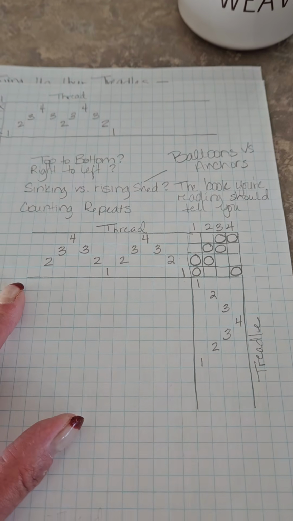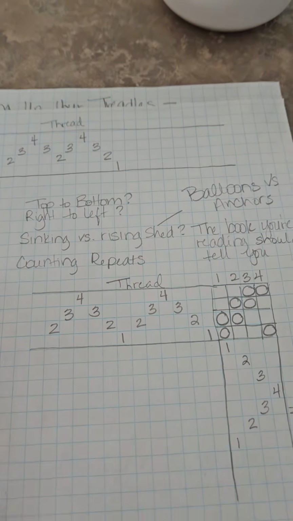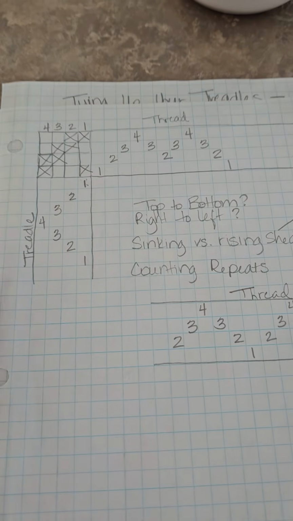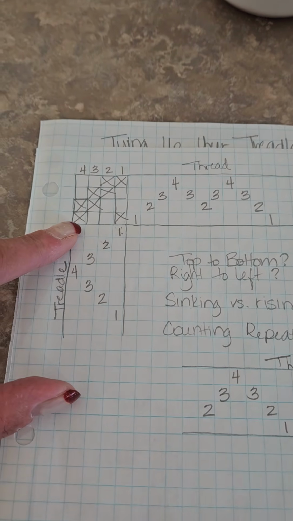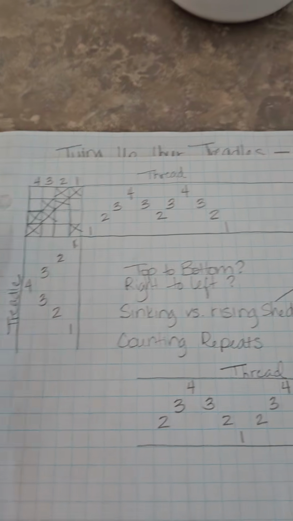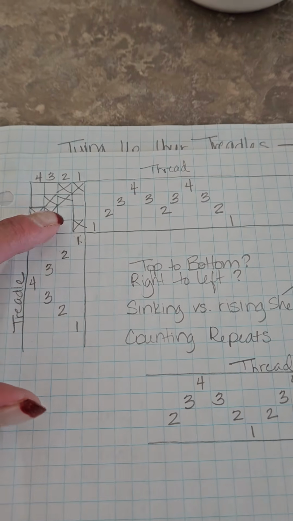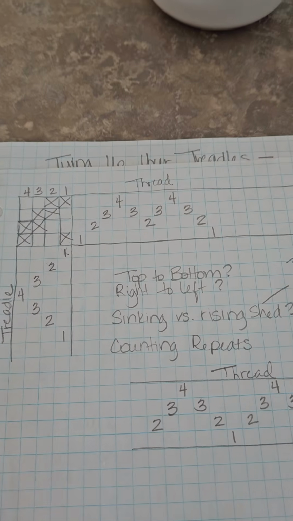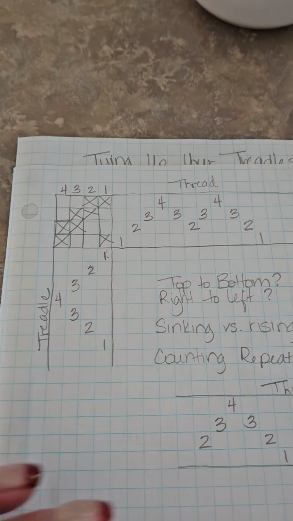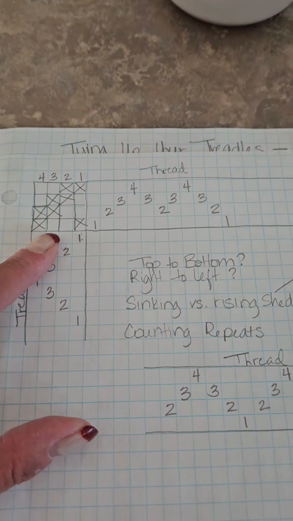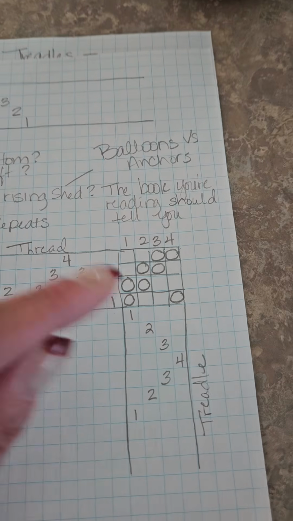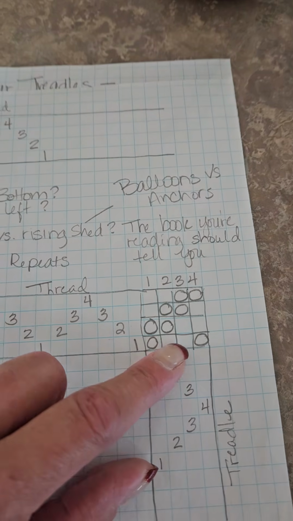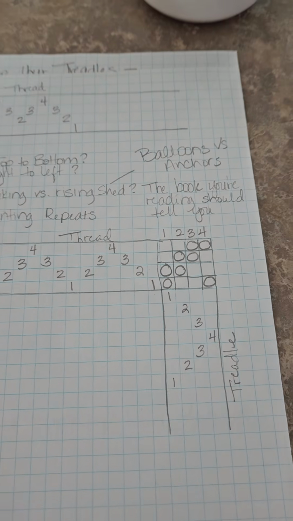So what is a sinking shed versus a rising shed? If you download a pattern and you don't know if it's written for a sinking shed or a rising shed, look for X's. X's are anchors, right? Anchors drop. Somebody drops an anchor on the boat, it goes down. So that's written for a sinking shed, okay? This one has circles. Circles are balloons, right? Balloons rise. So this is written for a rising shed loom. Why does it matter?